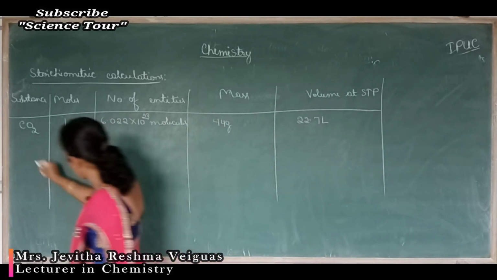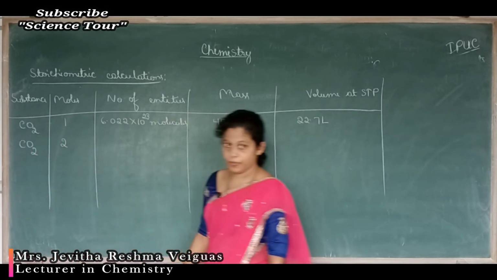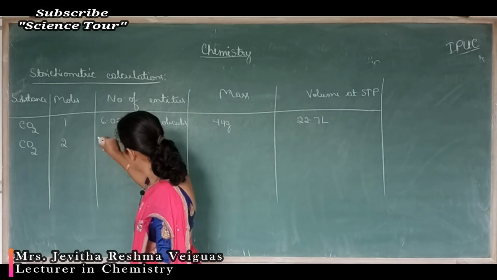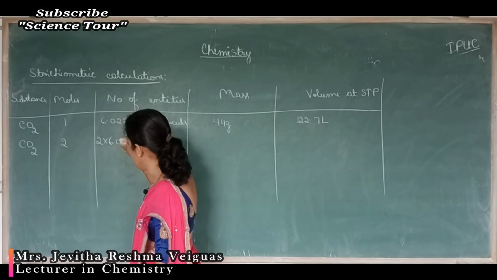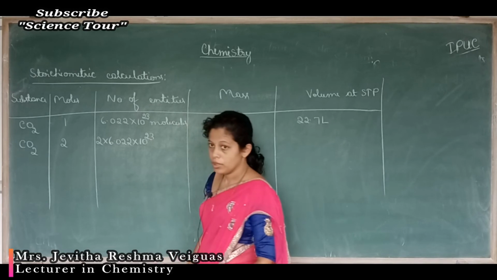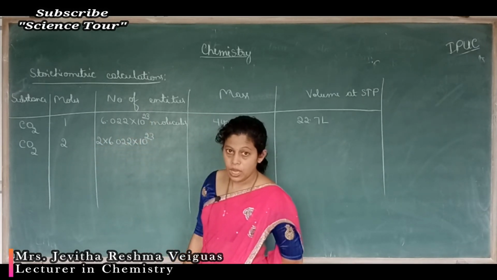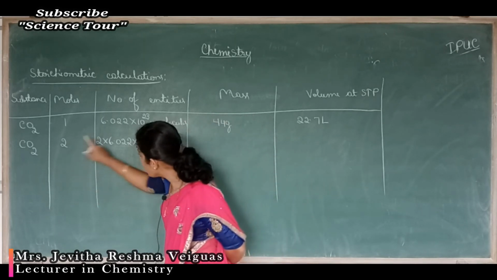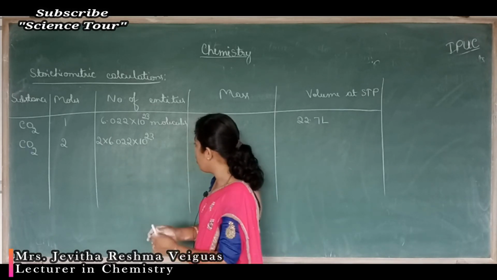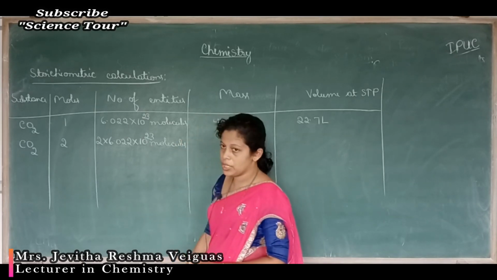Now let's consider carbon dioxide itself. I'll consider 2 moles of carbon dioxide. 2 moles of carbon dioxide will contain 2 into Avogadro number of entities. Students understand, 1 mole contains 6.022 into 10 to the power 23 entities. 2 moles will contain 2 into so many entities, that is 2 into Avogadro number of entities, which are molecules here because carbon dioxide is molecule.